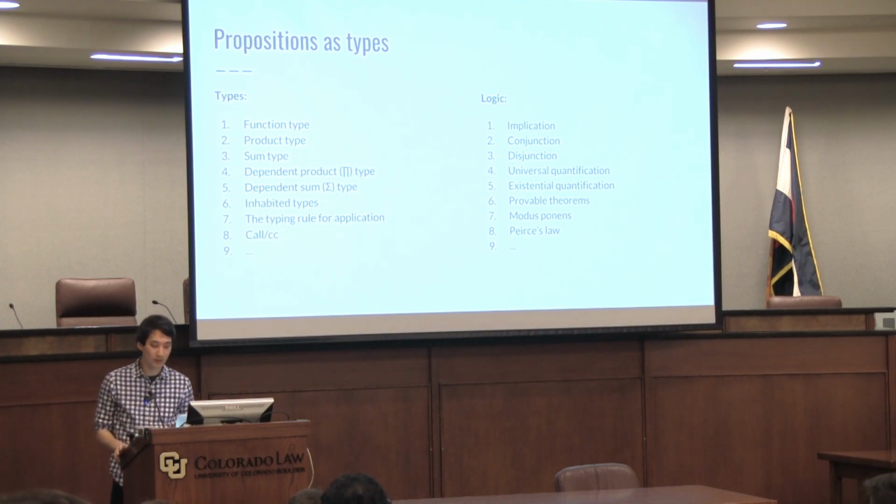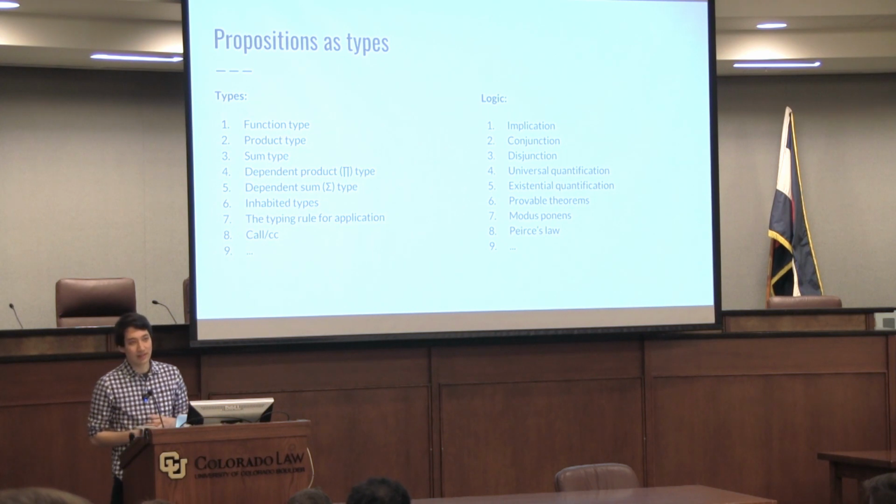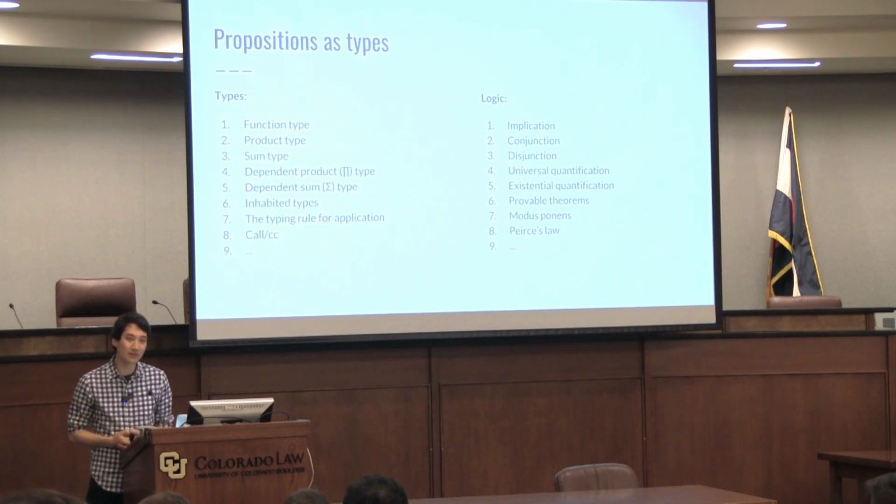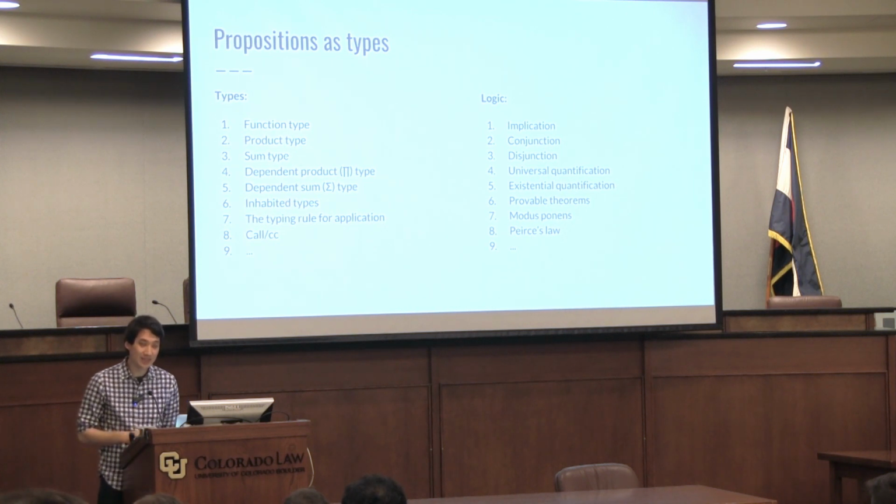On the left, you can see things that come from type theory. We have function types, just arrows. And on the right, that corresponds to implication in logic. So a function that has argument type A and return type B is kind of like a proof that A implies B.